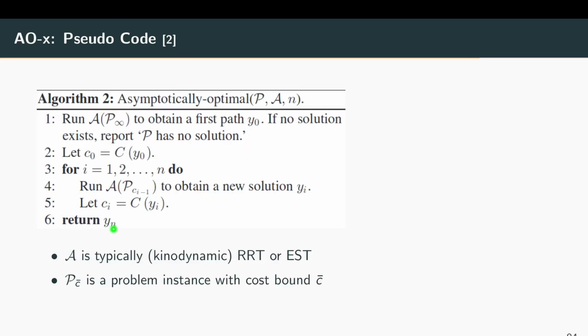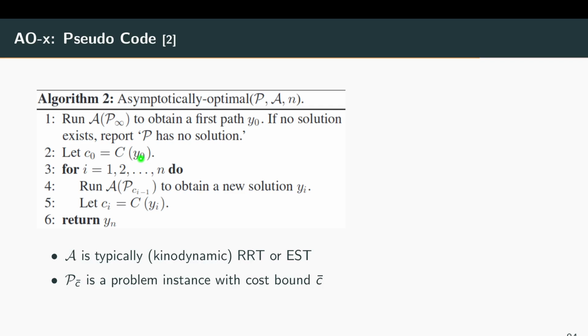Okay, and then what do we do in this algorithm? We have this meta algorithm that says, the first thing we do is we just run our standard approach. So if we do AO-RRT, we just run RRT unchanged until we find any solution. If it doesn't have a solution, we are done. If it does, we can compute the cost of that solution.